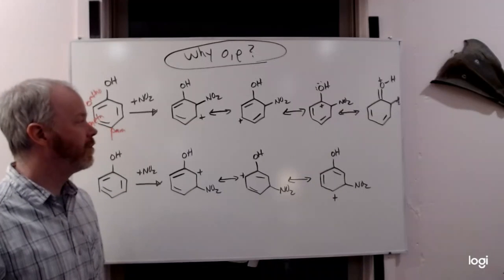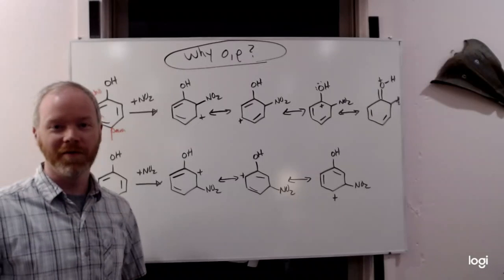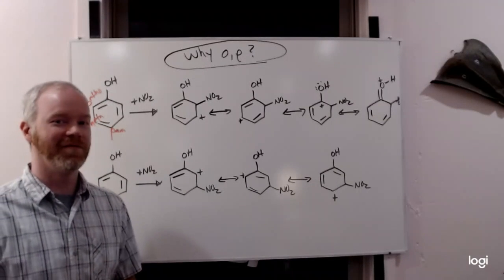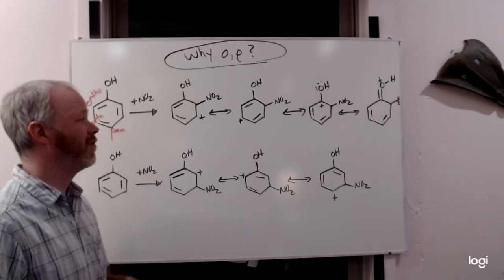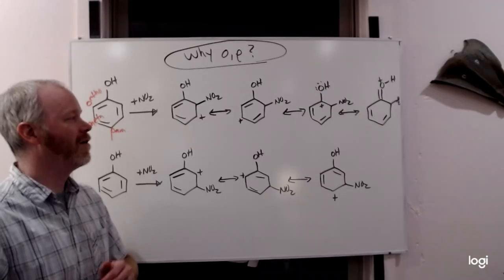So in talking about the different groups attached to benzene, we can have electron withdrawing groups, we can have electron donating groups, there's a push and pull between resonance and inductive electron withdrawal, and the outcome of the reactions also get affected.